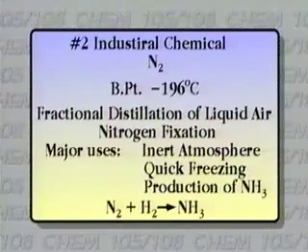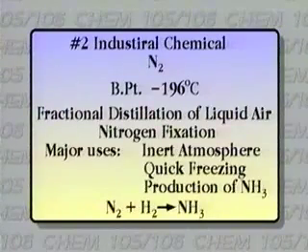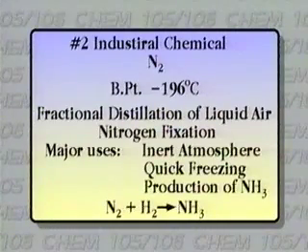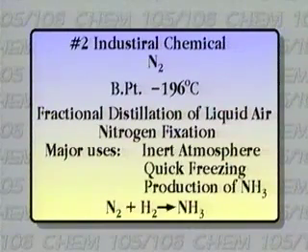Indicated that nitrogen was obtained for commercial use by fractional distillation of liquid air, liquefying air, and then allowing the temperature to come back up, and when the temperature reaches minus 196 Celsius degrees, the nitrogen comes off as a gas, leaving behind the rest of the air, which is primarily oxygen, as a liquid.